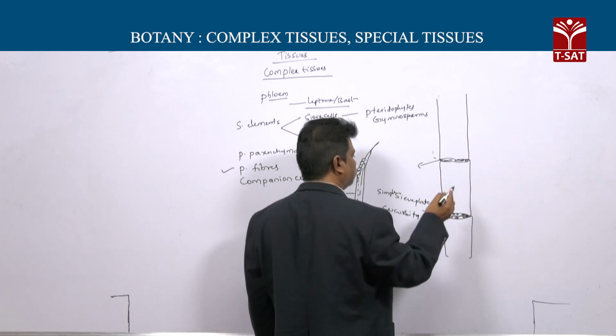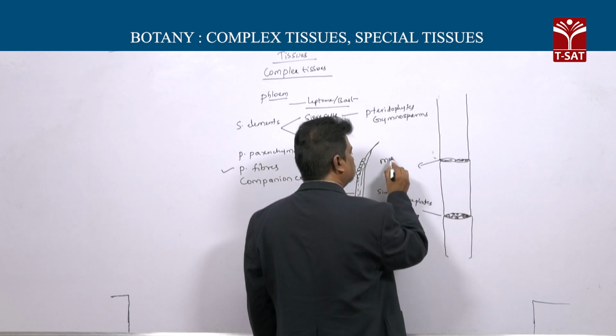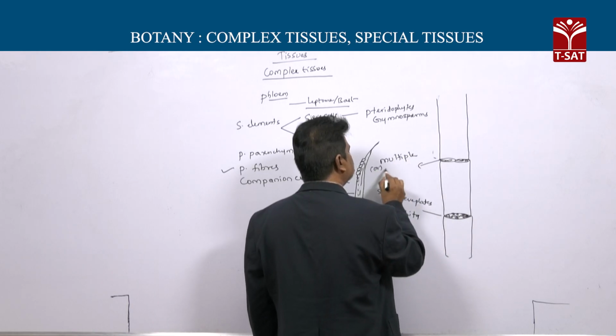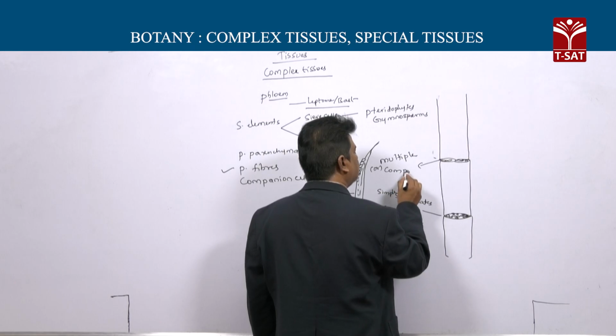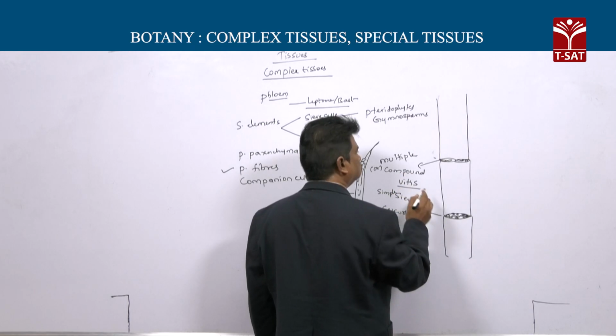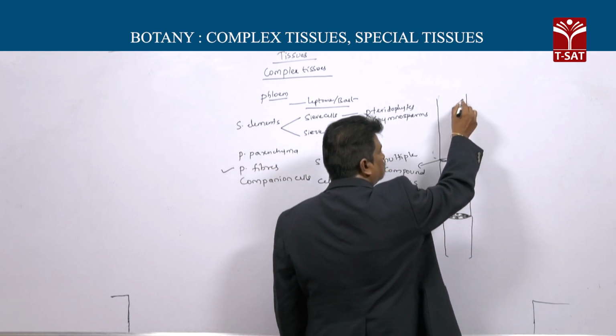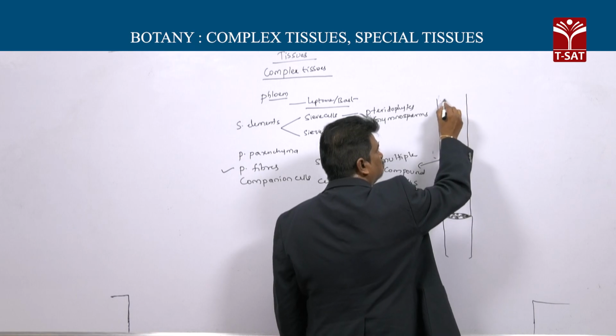Involve as many sieve plates, it is called a multiple or compound sieve plate, and an example for a compound or multiple sieve plate is a Vitis. Then, like a sieve cell, even the sieve tube.